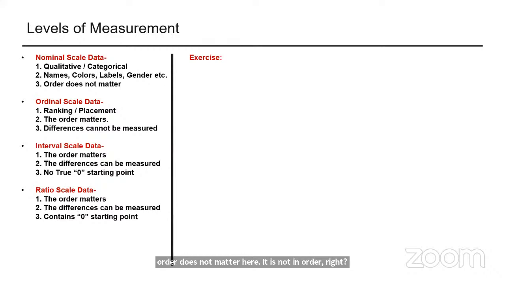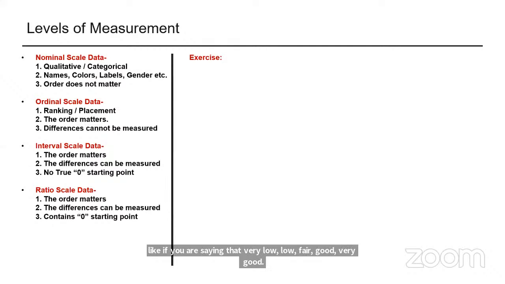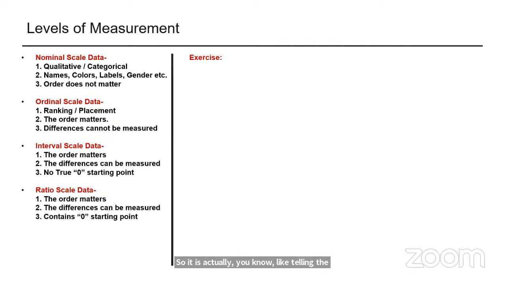What is ordinal data? Ordinal data means there is a position in the pattern, like very low, low, fair, good, very good. It defines the position: very good is better than good, good is in a better position than fair, and fair is better than not good.